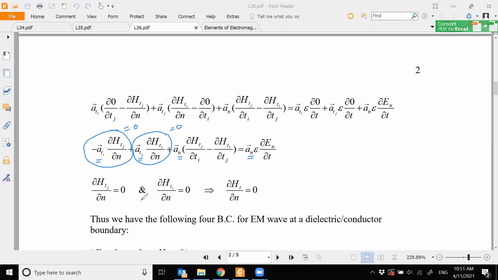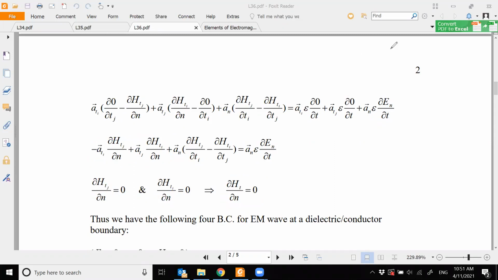What are these? These are the two tangential components. Therefore, I can generalize that the tangential component of the magnetic field, dou HT over dou N, is 0. The derivative of the tangential component with respect to the normal space variable is equal to 0.